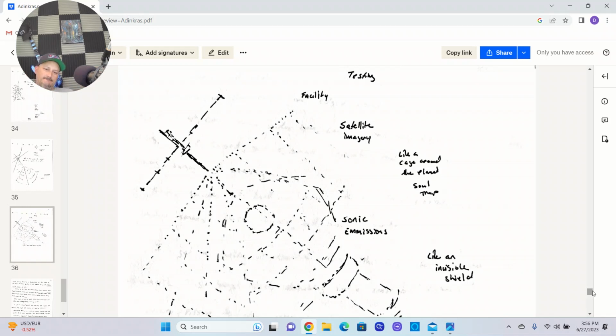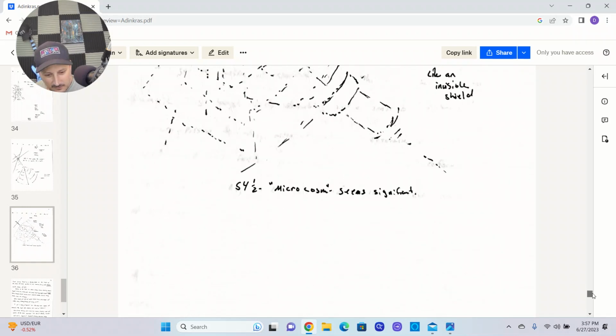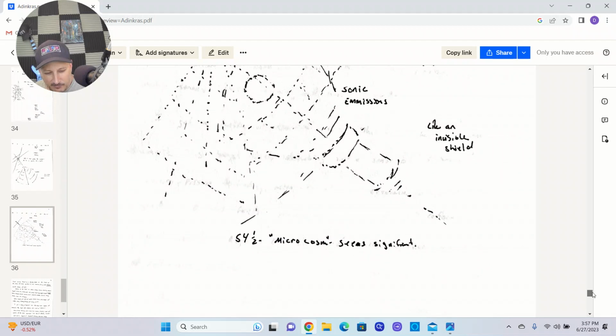Oh, I got it again. I hate when that happens. Okay, so like a cage around the planet. AOL Soul Trap. Okay, sonic emissions. Like an invisible shield. Stage 4.5. Microcosm seems significant.